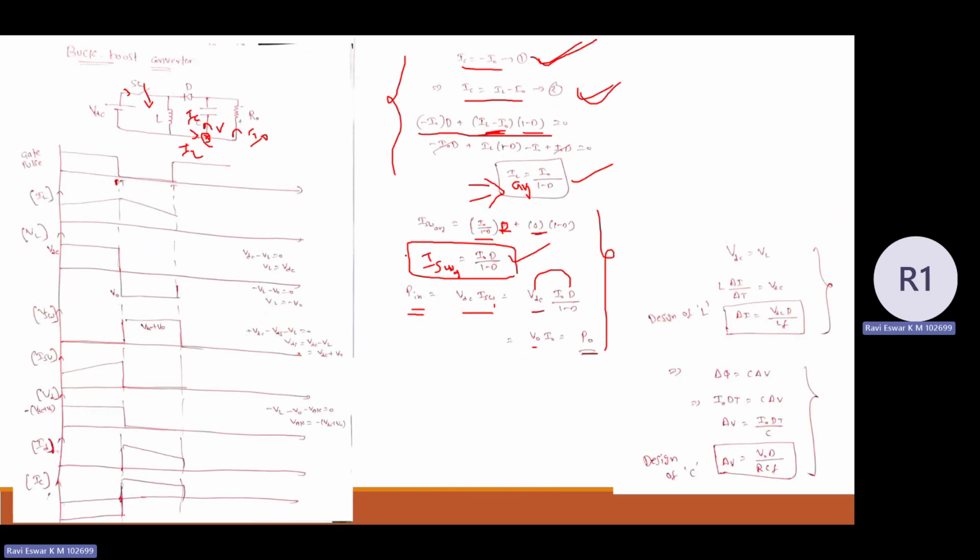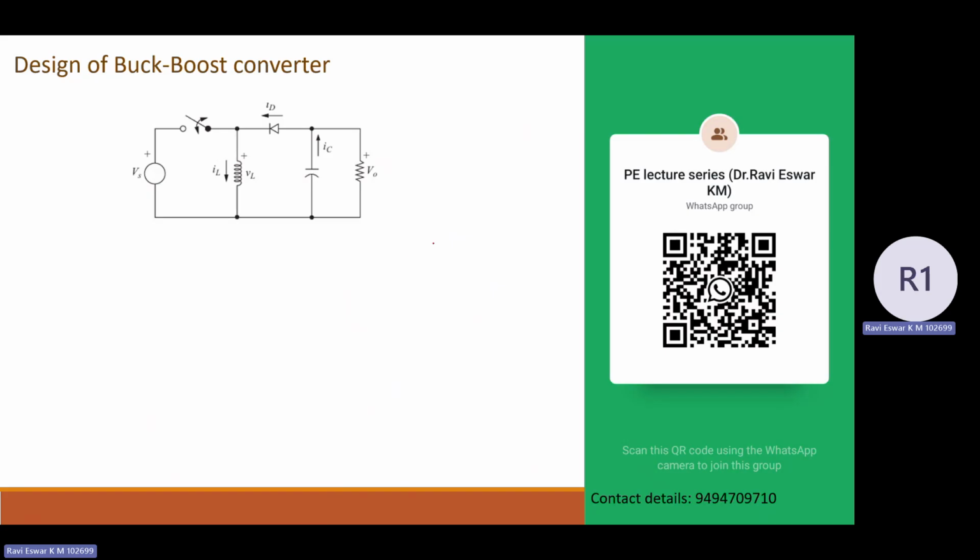Now let us see the design of L and C, how to design the values of L and C. As we have seen in the boost converter, the same principle applies here also. One thing you need to remember for converter analysis, again and again I am saying, when you want to design L, you need to look into del I, the ripple in the inductor current.